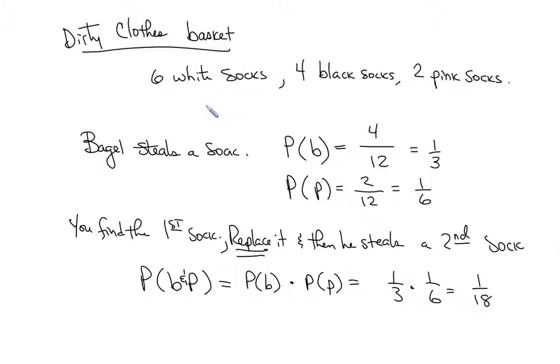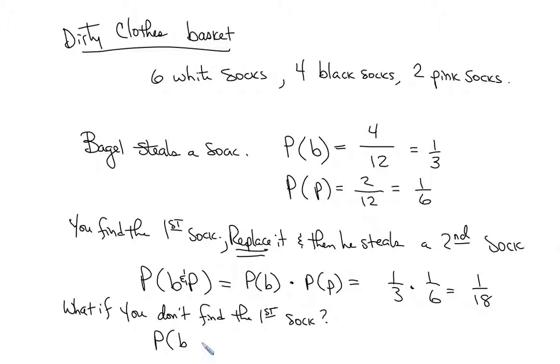Now, what if, and this is the reality of what happens, what if you don't find the first sock? Now what's the probability of getting a black one and then a pink one?